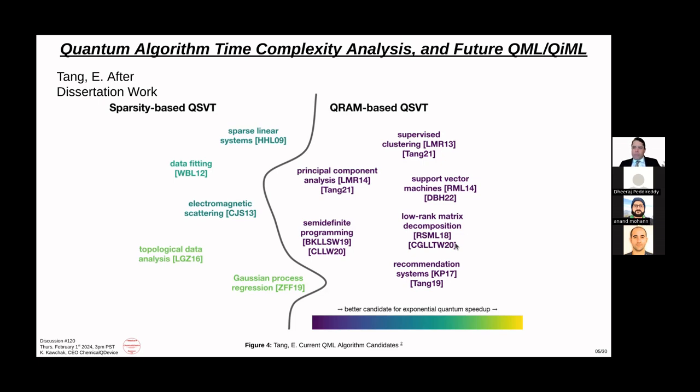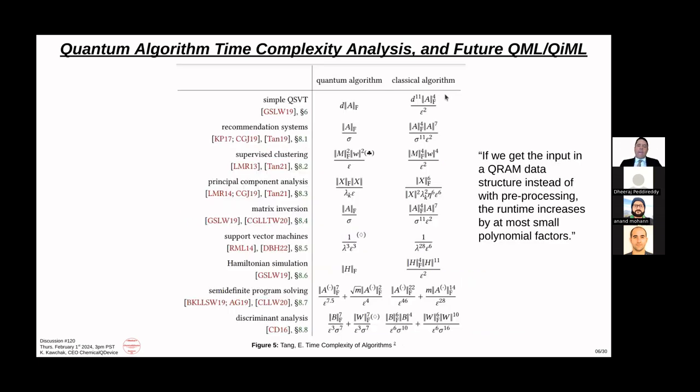But I think the main approach is basically saying, on a perfect quantum computer, if you were to run that algorithm, would it have exponential advantage versus a truly classical version? So for these on the right, it's no. And then for these on the left, you see topological data analysis and Gaussian processes. The author still believes that this can have a greater chance of having exponential quantum speed up, and still using it with classical computers too.